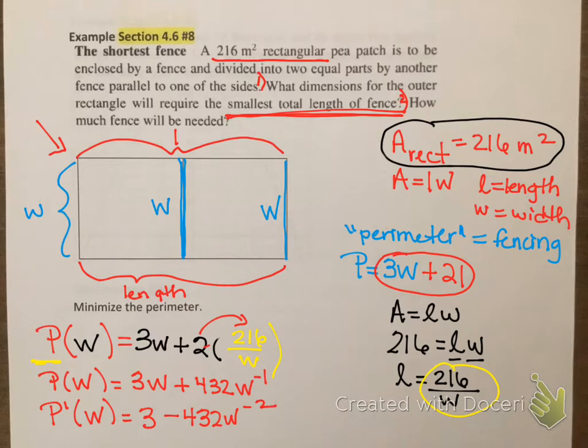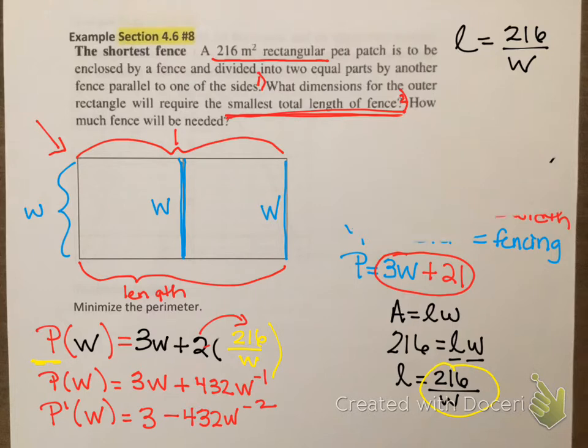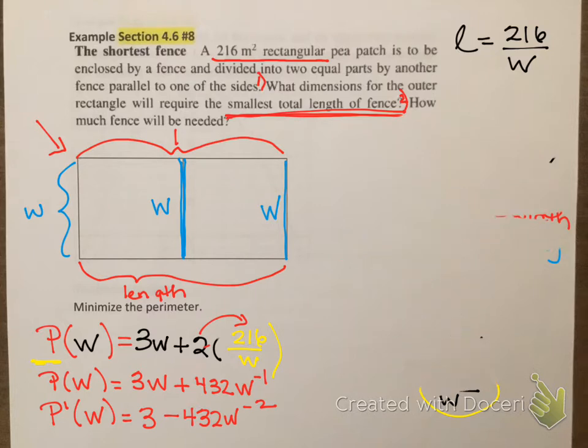All right, I need to write the important information that I have on the right of the screen over here. So I'm going to write that L is equal to 216 over W, and I'm going to erase all the rest of this so that I can use this side of my iPad. My job now is to take this derivative and make it pretty, which means that I need to write it as one fraction.